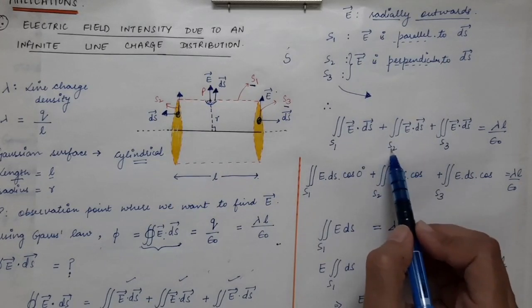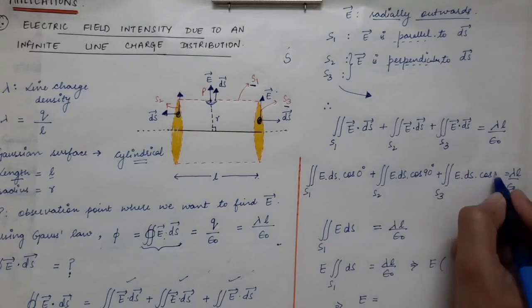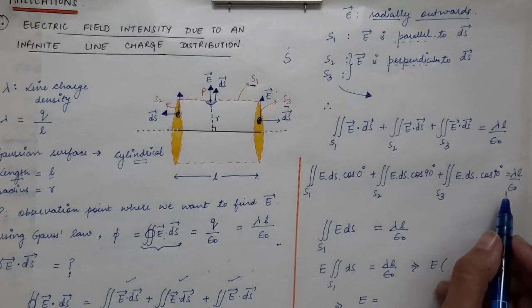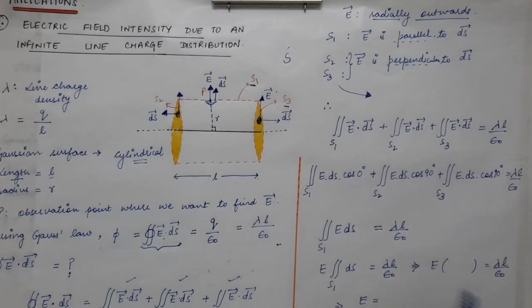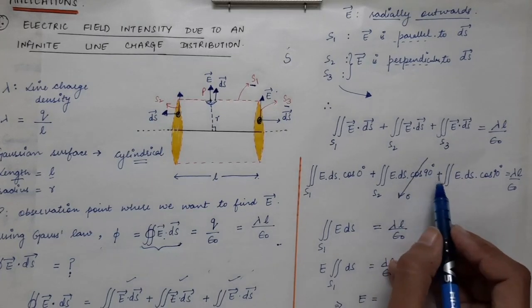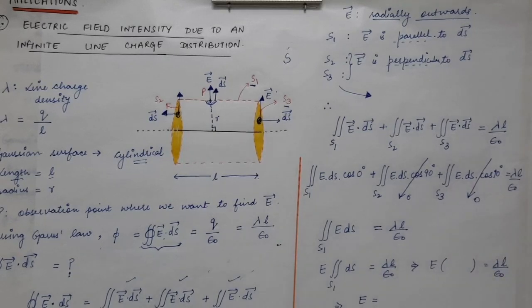Now in the other cases, S2 and S3, we will have E ds cos 90, and here also we will have E ds cos 90 degree. So this integral will be equal to 0 because cos 90 is equal to 0, and this integral will also be equal to 0.